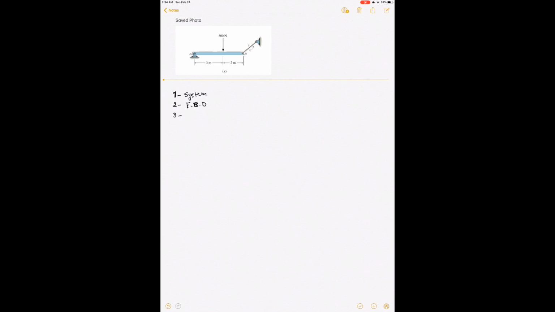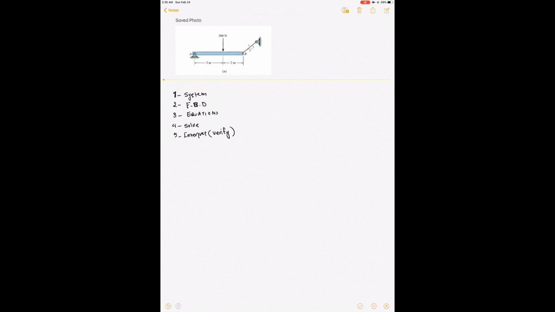Step 3, write the equations. Step 4, solve. Step 5, interpret or verify your solution. So that's all we need to do.